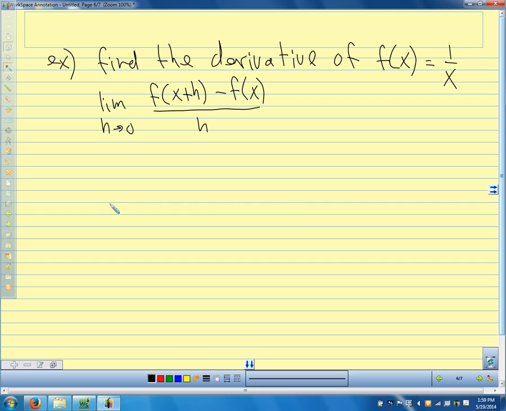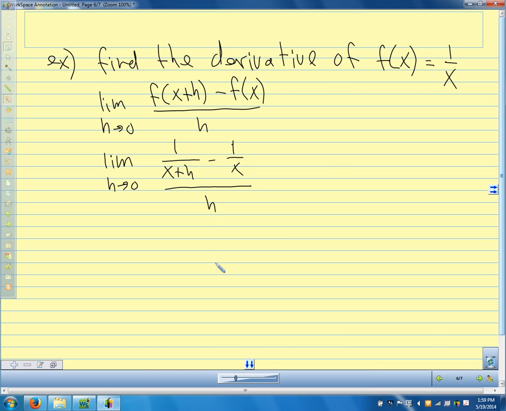So here, for this example, f of x plus h is 1 over x plus h, minus f of x, which is 1 over x, and we're dividing that by h. What do we need to do here to simplify our limit, to be able to evaluate this limit? We did a problem like this in our homework a couple of days ago.